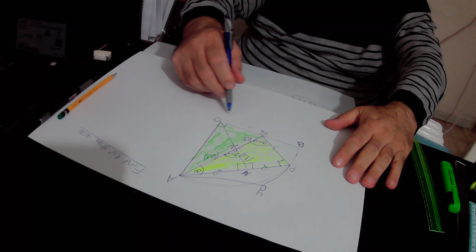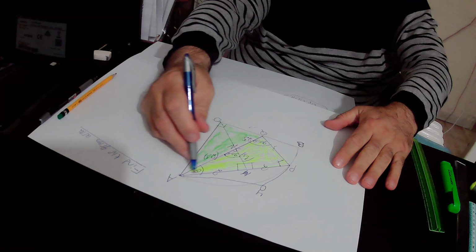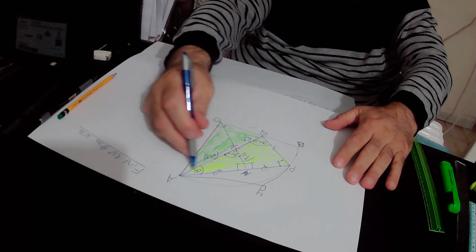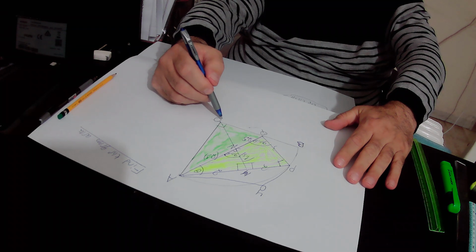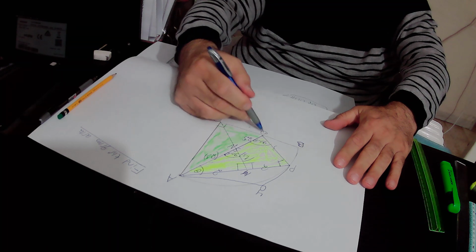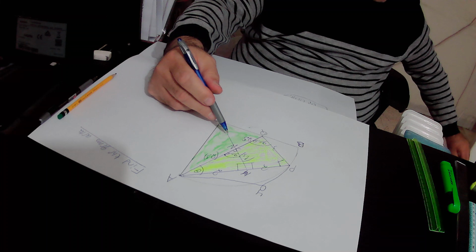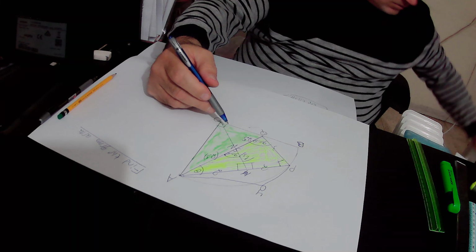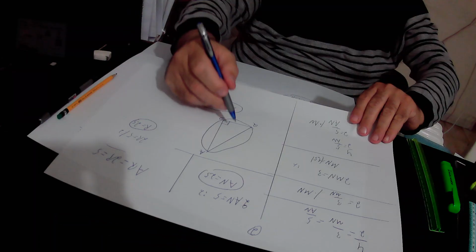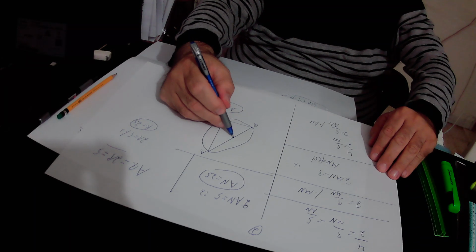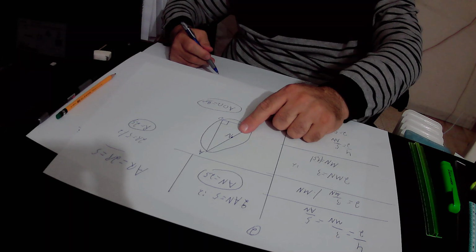I remind you that we draw a circle around right triangle AQO. Here, point N is the center of the circle.